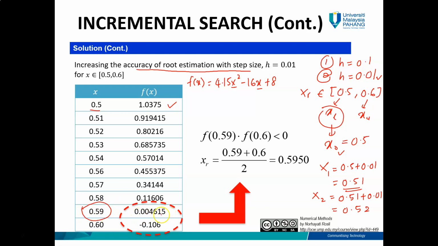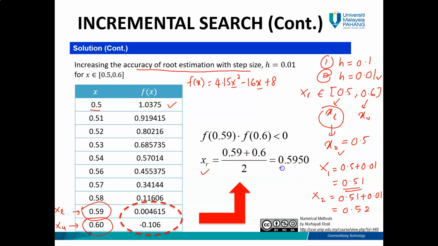And then you can do the rest, and you can see when our x is 0.59, this one is positive, but at 0.60 it becomes negative. In this case, we can say that the function changes its sign, means that this one we can set as our x_l and this one as our x_u. So to compute the root at this iteration, we can use x_r equals x_l plus x_u, which is 0.59 plus 0.6 divided by 2.